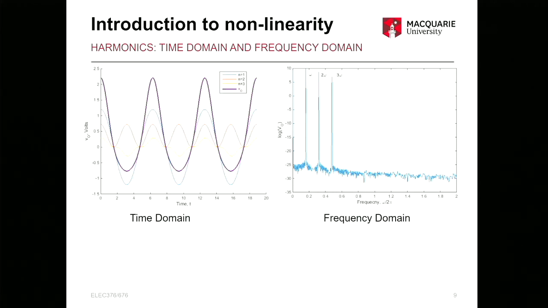Okay? So that'll be HD3, and HD2 will be 8 divided by 10. But if you just look at the time domain, what can you do? Nothing, right?